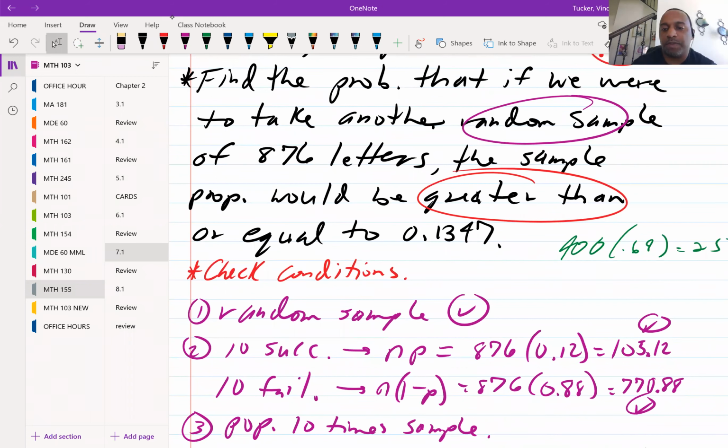And that gives us 105.12. And then 1 minus p, which is 0.88, multiply that times 876. And that's 770.88. So we have at least 10 successes and 10 failures.